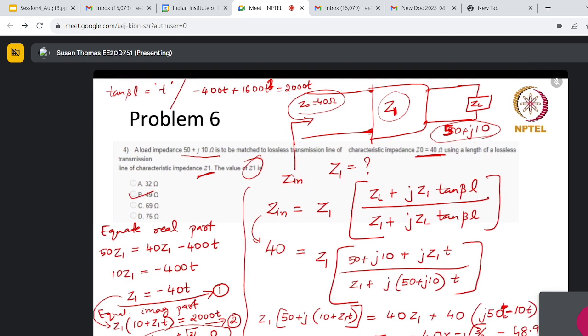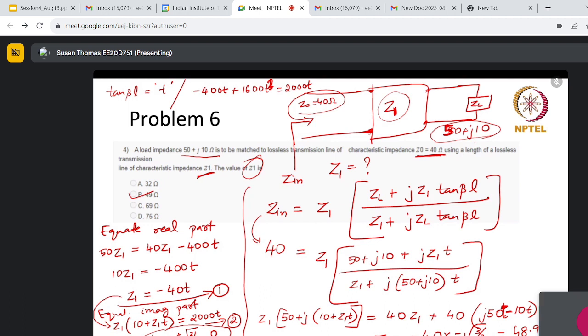Yes, ma'am. Ma'am, when we equate the imaginary part, in that equation, put the value of t in terms of z from the first equation, the real part. Then there is no problem to solve this question. Very easy. Please tell once again.